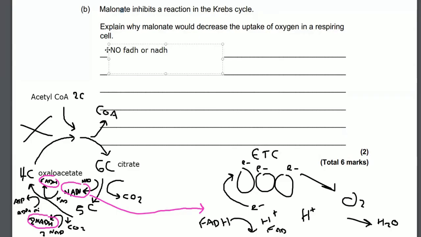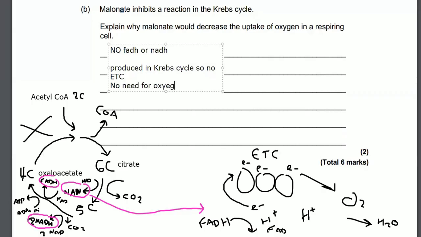So no FADH or NADH produced in Krebs cycle. So no electron transport chain. And then we can say no need for oxygen, which I can't spell, oxygen as the final electron acceptor.